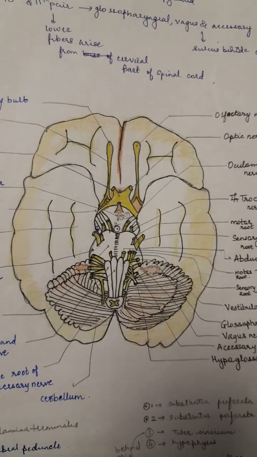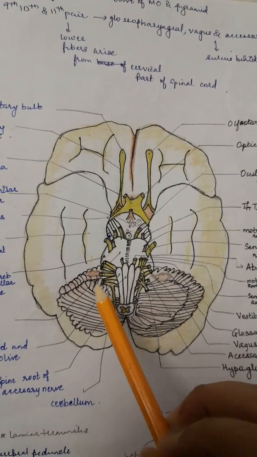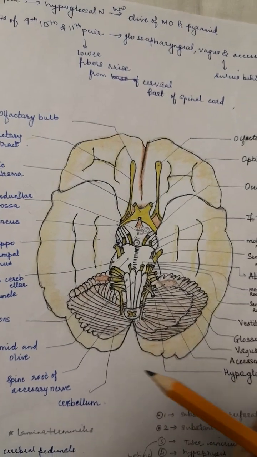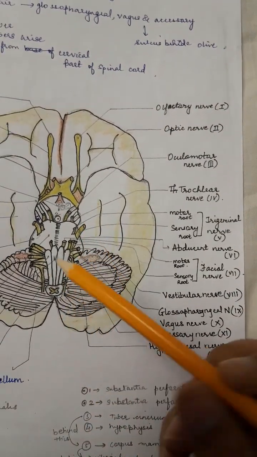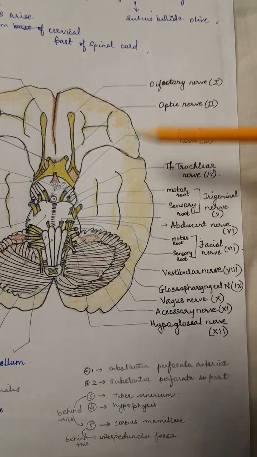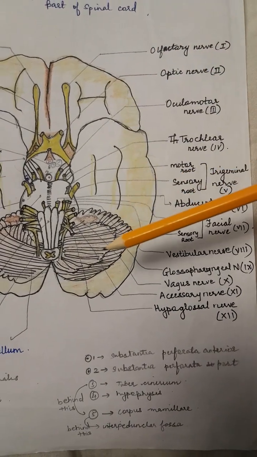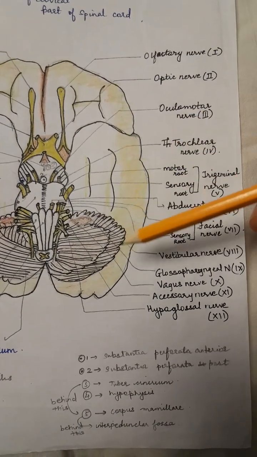Now the lateral parts of the pons merge with the cerebellum, the middle cerebellar peduncle, and emerge with the fifth pair, called the trigeminal nerve. You can just observe these things and correlate with what I'm saying. Try to draw this diagram once. It doesn't take much time, but you can get clarity through this.